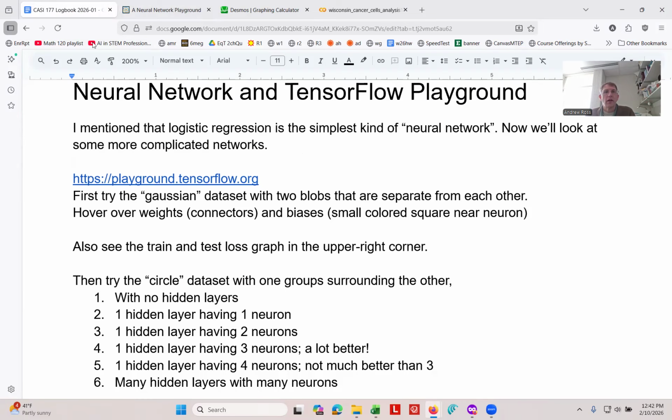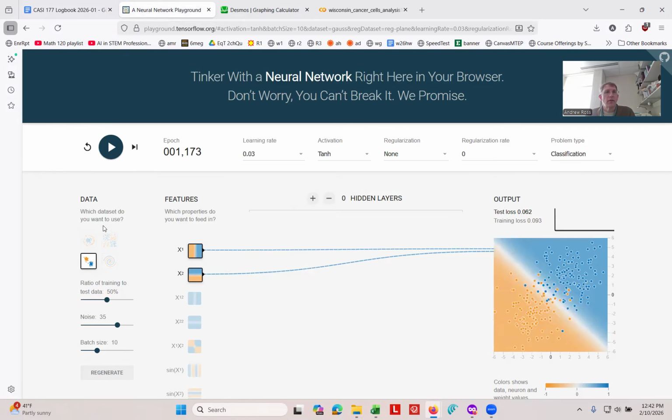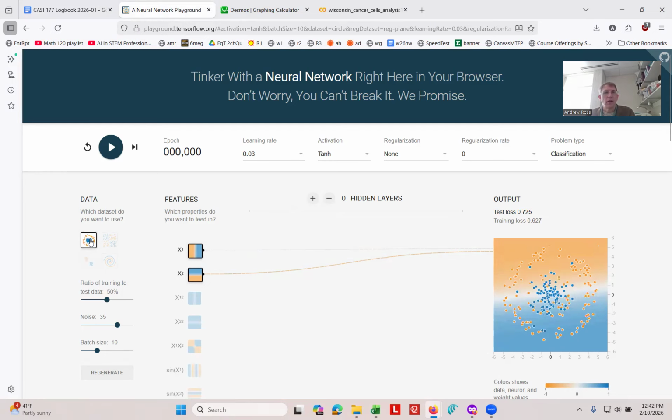So we saw that. Now let's try the circle data set because that's a little bit more interesting. So now we're trying to separate the blue and the orange still, but they have this different configuration.